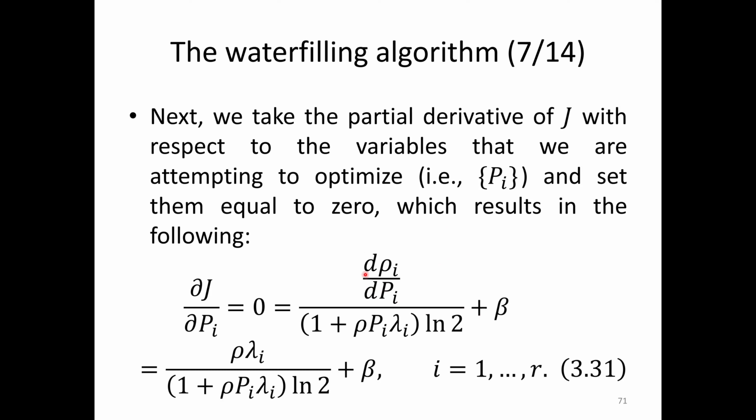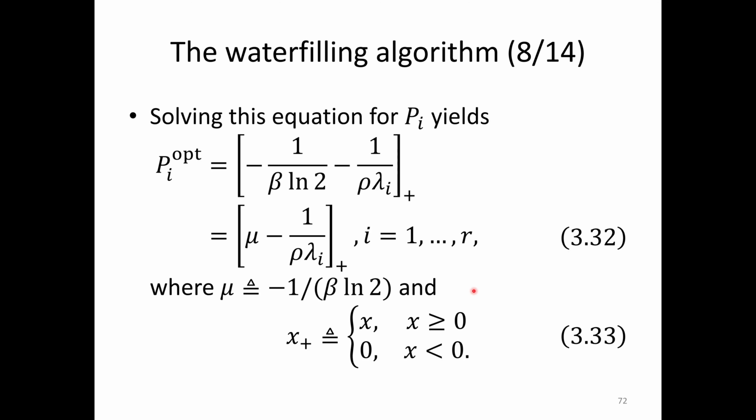After evaluating this derivative, we will get rho lambda i over 1 plus rho Pi lambda i times natural log 2, plus beta, where i is equal to 1 to R. Solving this equation for Pi yields Pi opt is equal to minus 1 over beta times natural log 2, minus 1 over rho lambda i, plus.